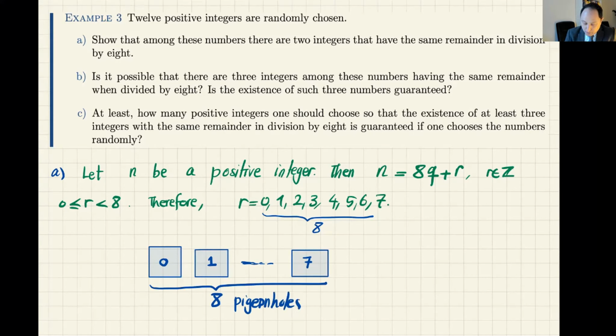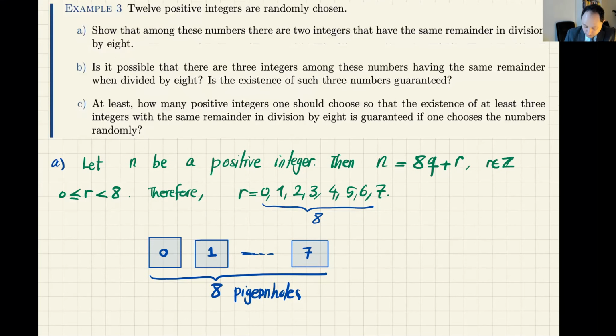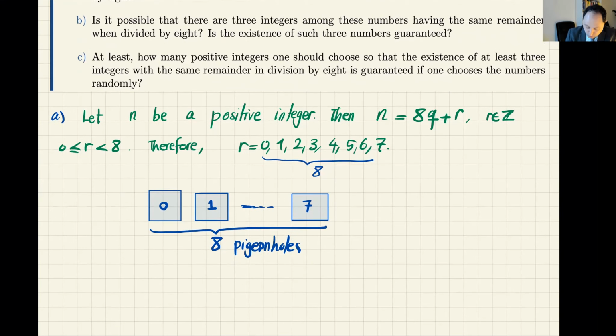And then how many pigeons do I have? I can give the role of pigeons to the numbers that I have chosen. I have 12 of them, okay? But I know that 12 is greater than 8.